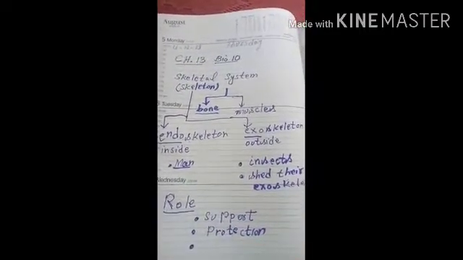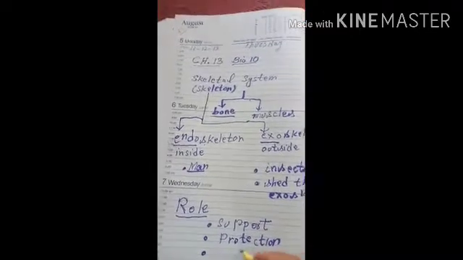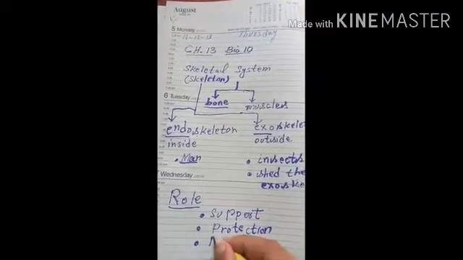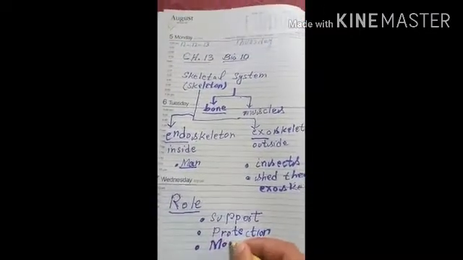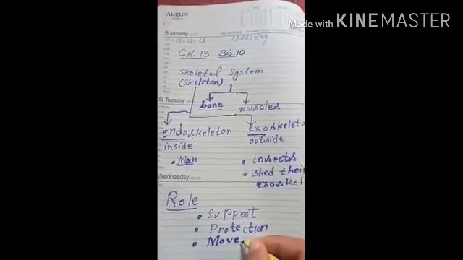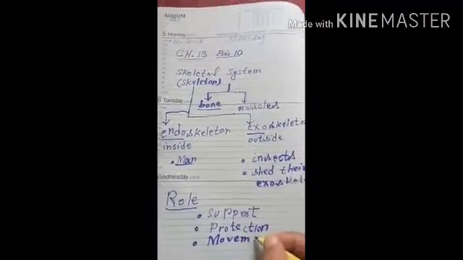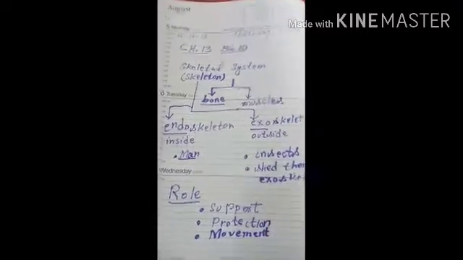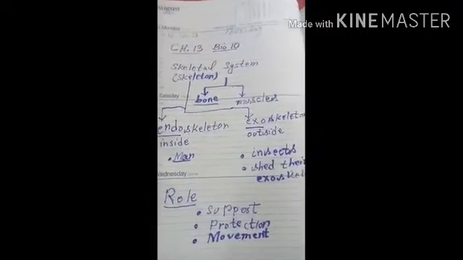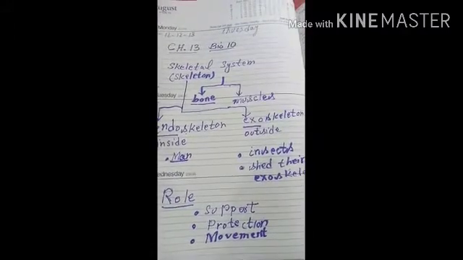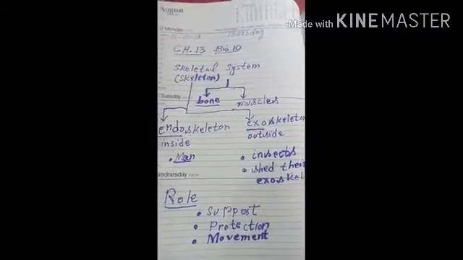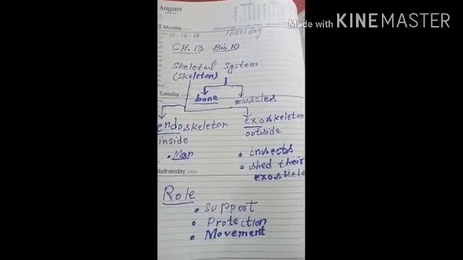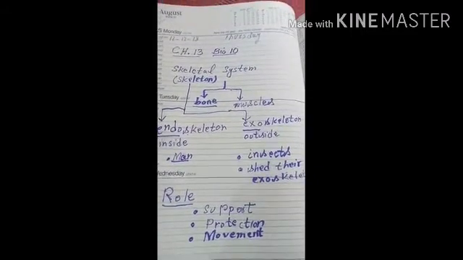And the role under discussion in this chapter of skeletal system is movement. Skeletal system provides us with movement. Movement is both a general term and also specific.